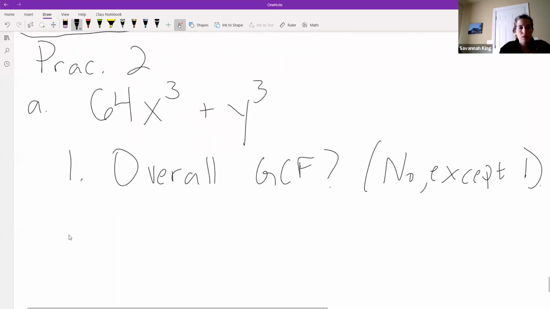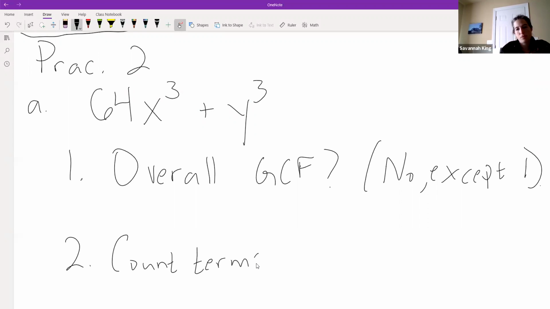Okay, now counting the terms. And we had a bunch of these in one sense in the last practice problem because we're always counting terms and getting 2. I think we had 3-ish problems. Yeah, we had 3 problems with 2 terms last time, but this one's going to function a little bit differently.